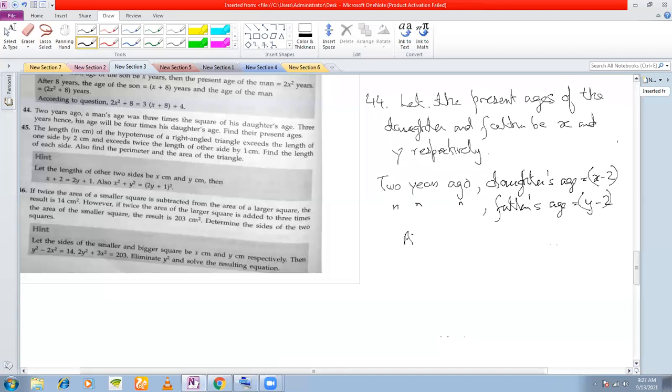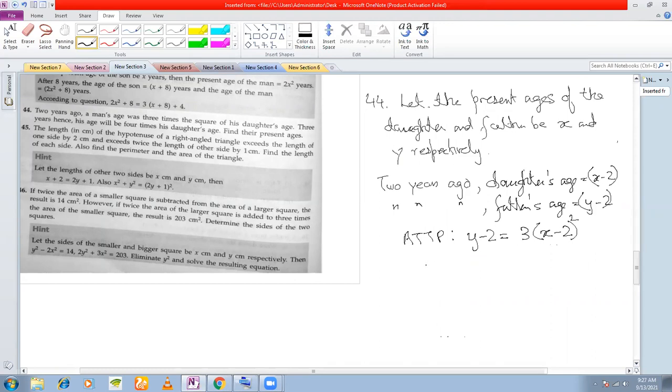And according to the problem, 2 years ago, a man's age was 3 times the square of his daughter's age. That means father's age, y minus 2, is 3 times the square of his daughter's age. Square of his daughter's age is x minus 2 whole square, right? So we're getting one equation here.